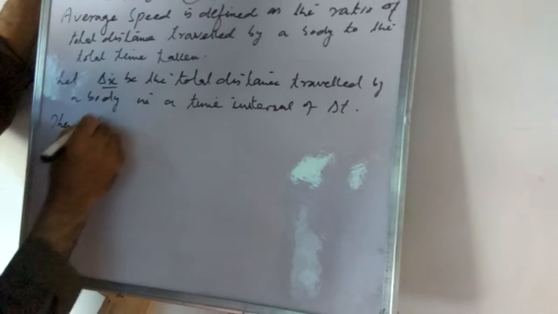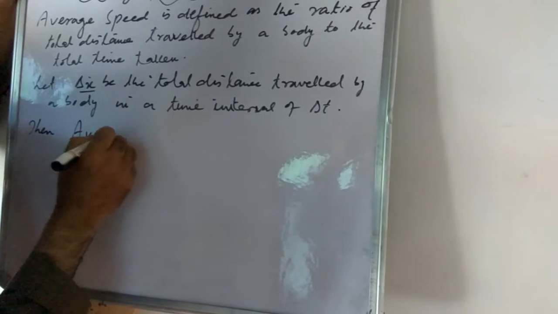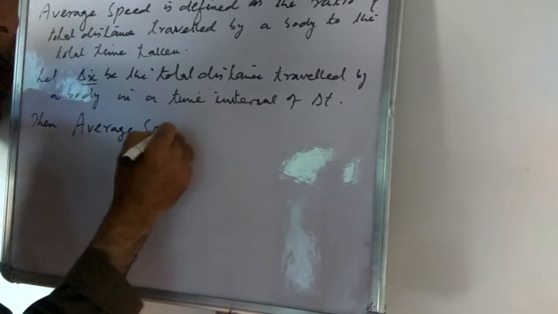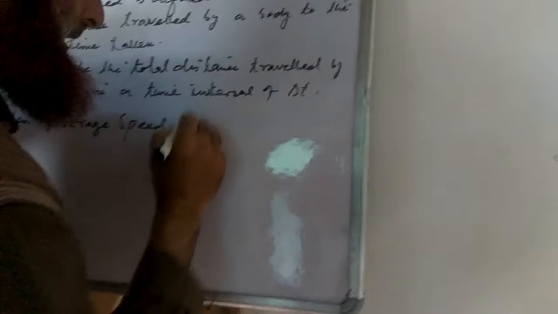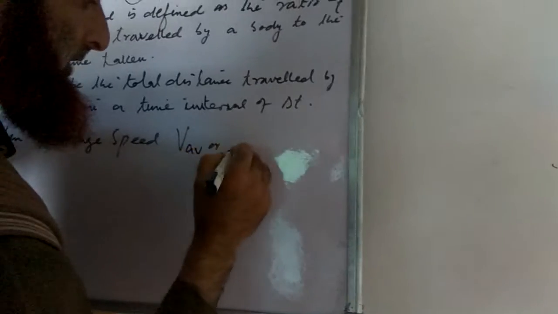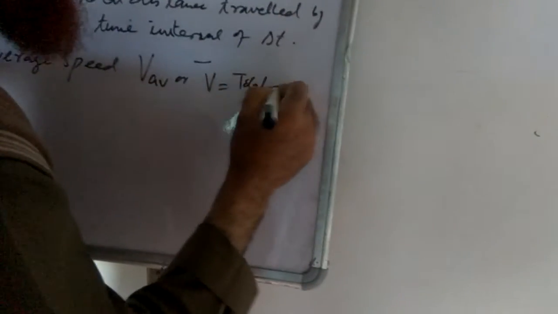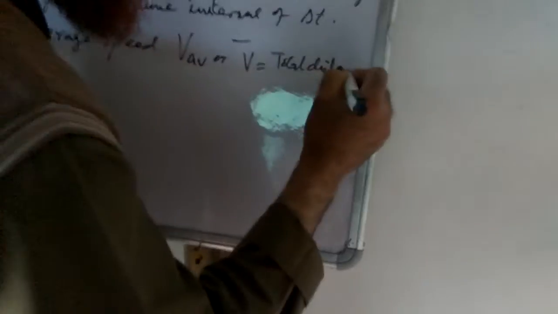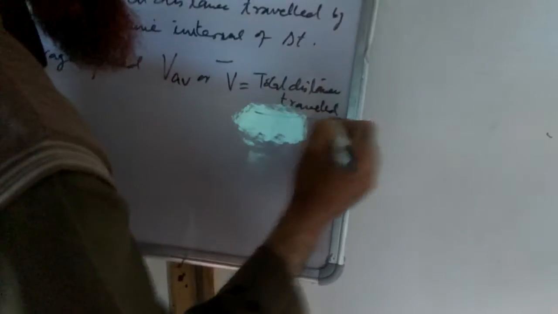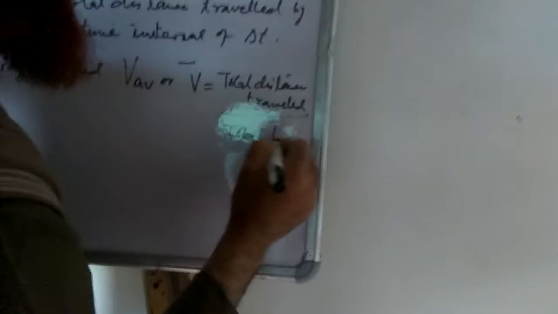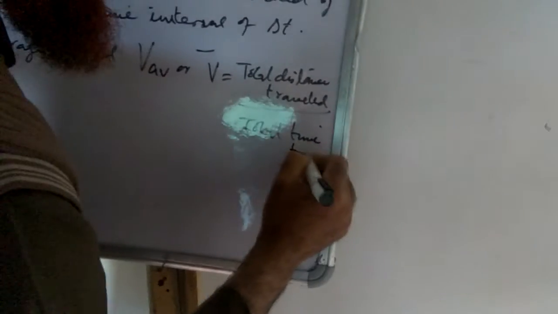Then average speed, we write as V_av or V bar, is total distance traveled divided by total time taken. We write it like this: V bar equals total distance traveled over total time taken.